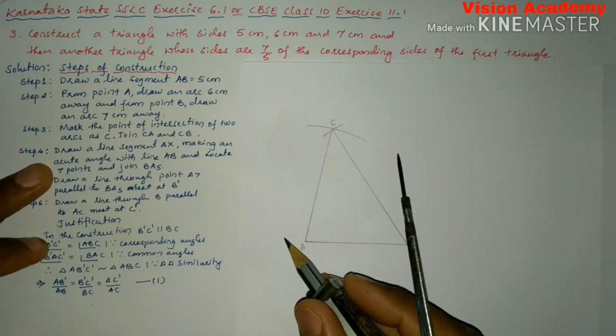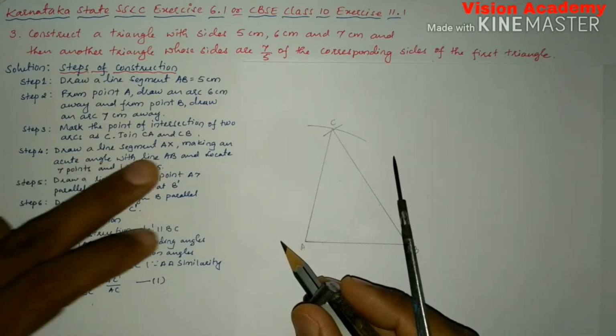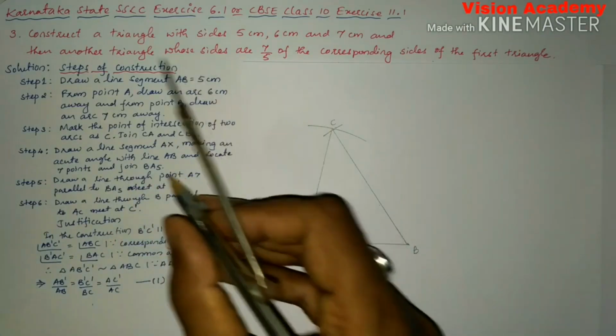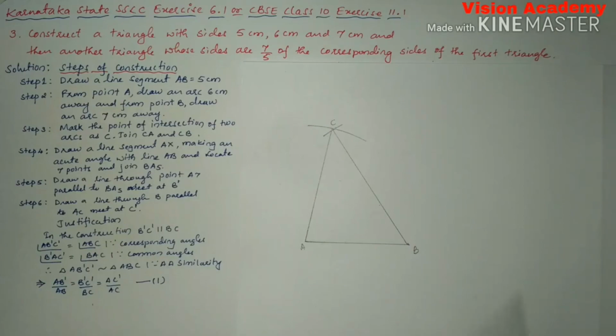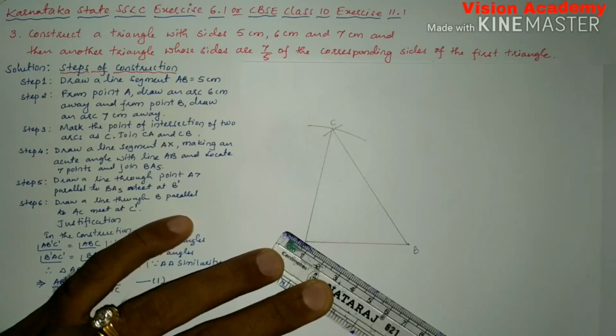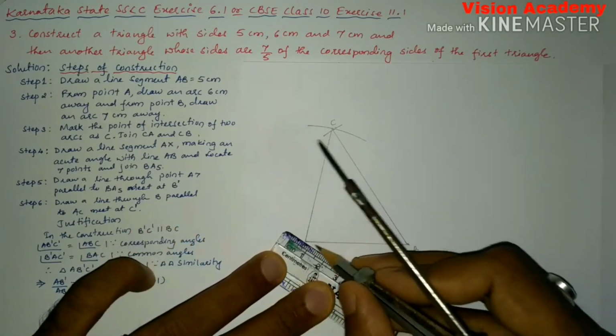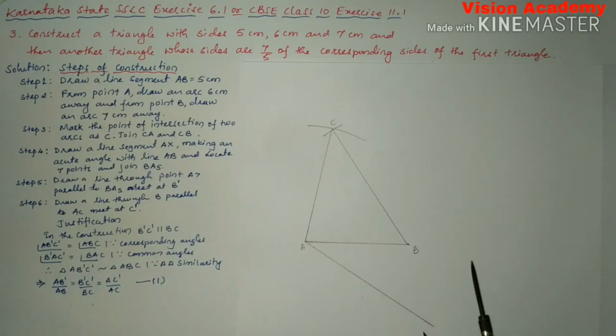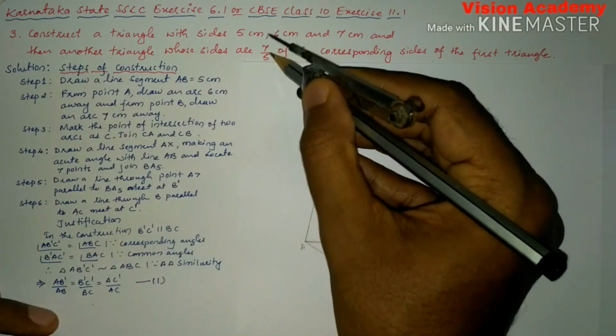Now next we'll move on to step number 4. Draw a line segment AX making an acute angle with line AB and locate 7 points and join BA5. So let us draw a line from A here. Let us name this as X, that is AX, and we have to make total 7 points because of 7 by 5.